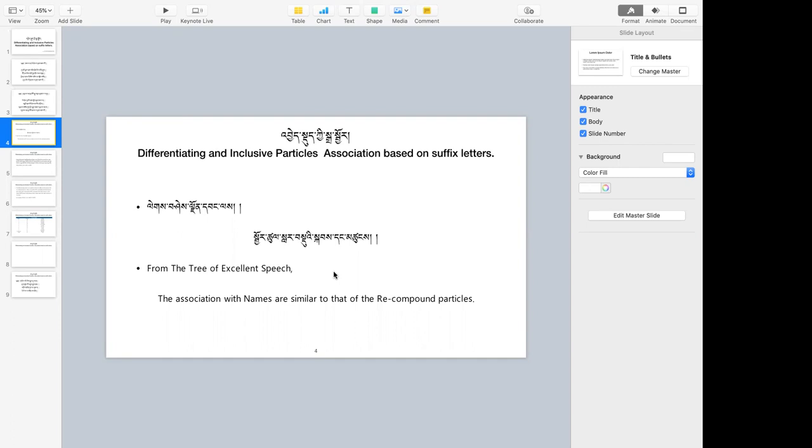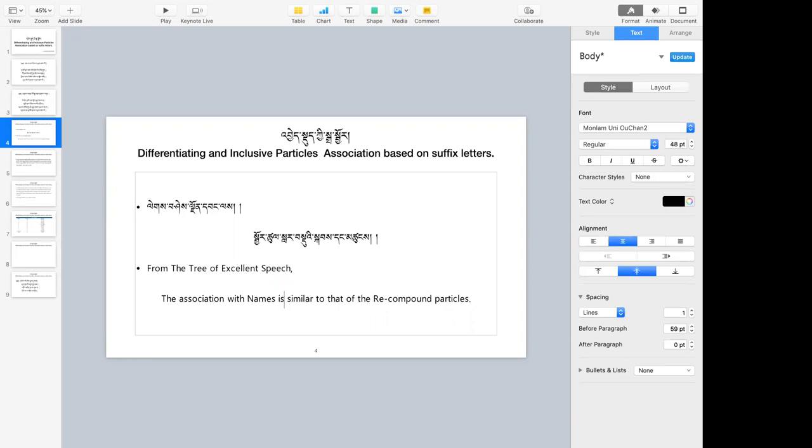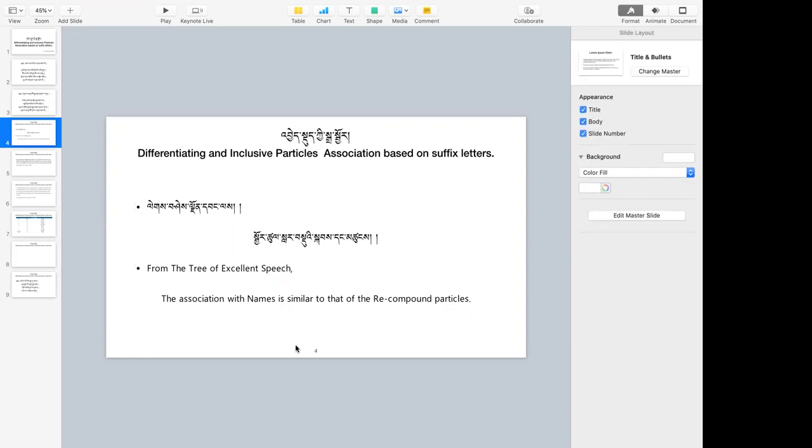So the association with names of each particle is similar to that of the recompound particles. The rules that we learned during the recompound particles, we apply similarly here. There is no different rule here.